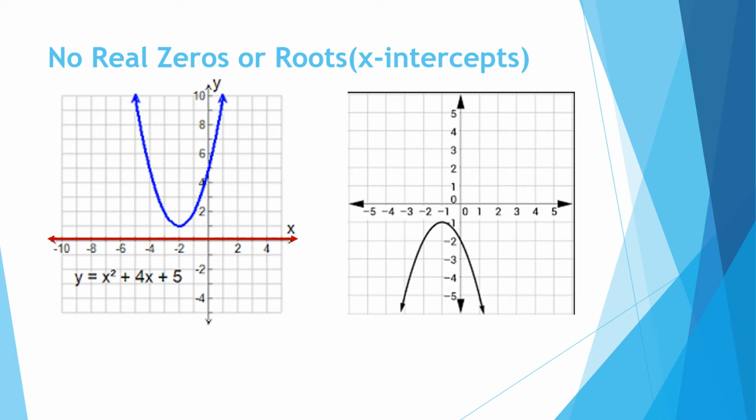And here we have a frown, which means that the a in front of the x squared term is negative. And here again, that red line goes straight to the x-axis and it does not intersect the black graph, the curve. So there are no real zeros, no real roots, no x-intercepts.